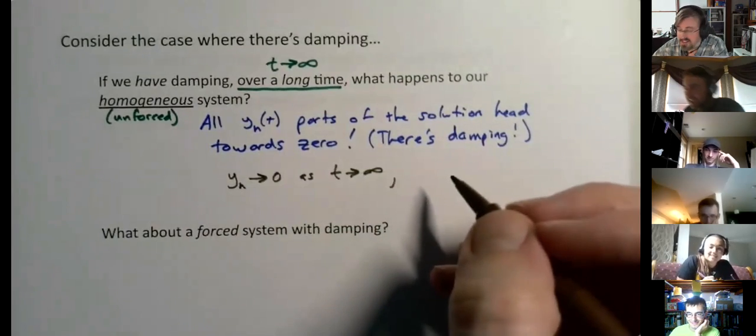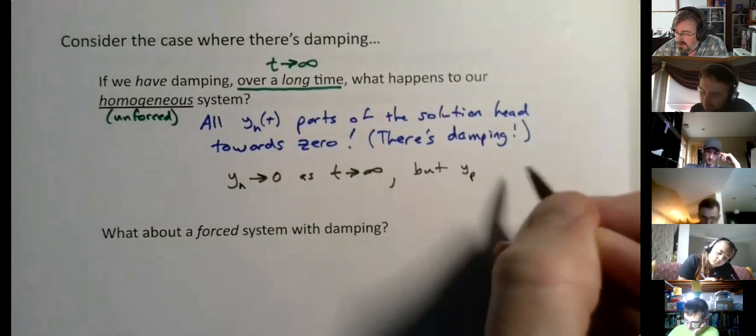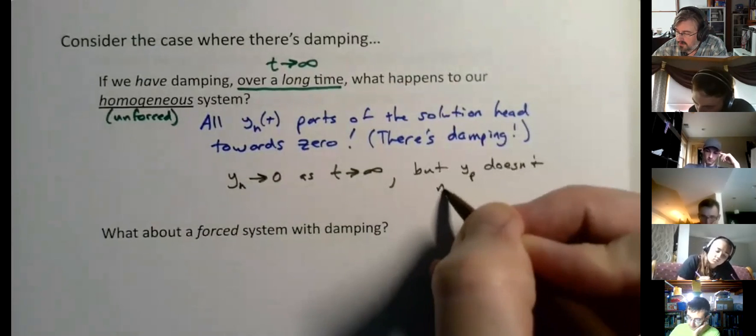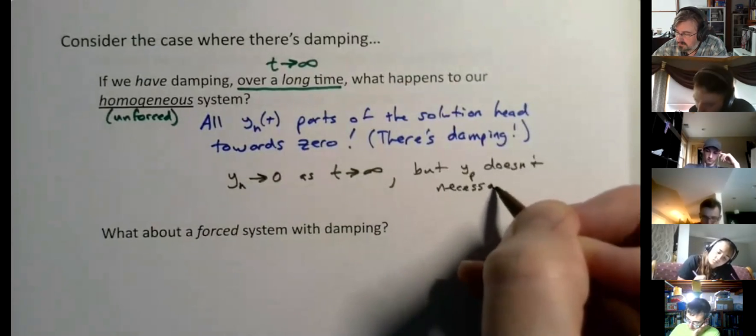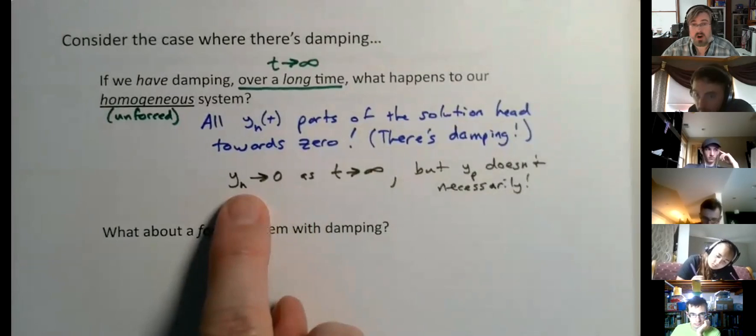So y sub h tends towards 0 as t approaches infinity, but y sub p doesn't necessarily. Right? So if you have a forcing function that's poking, it just keeps going forever, then yeah, your homogeneous part of the solution is just going to fade away.